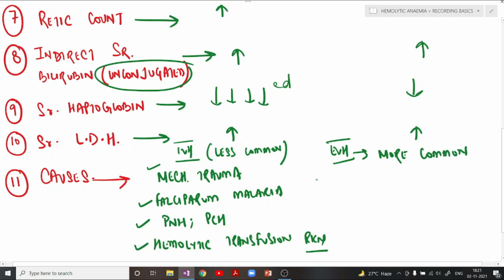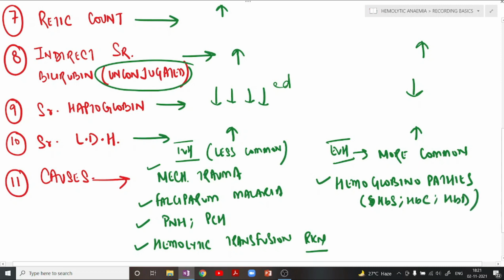So what are the basic causes? Hemoglobinopathies. For example, sickle cell anemia, HbS, or HbC, or HbD, some other types of hemoglobin structural abnormalities. Sometimes you will have hereditary hemolytic anemia.